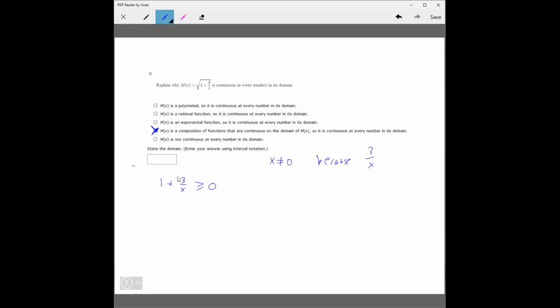So let's try to figure this out. This is a little bit tricky, but I can factor a 1 over x out of this. Essentially this expression and this expression are equal to each other.